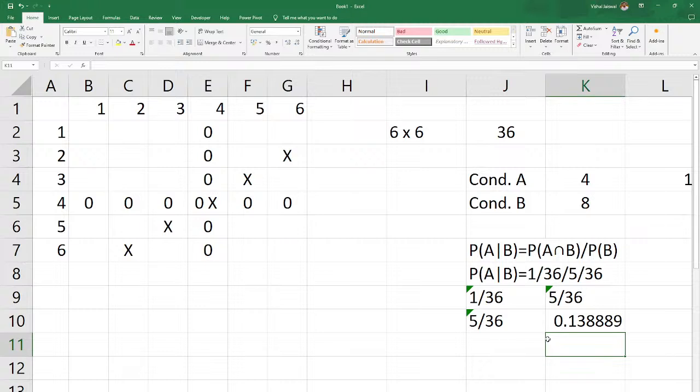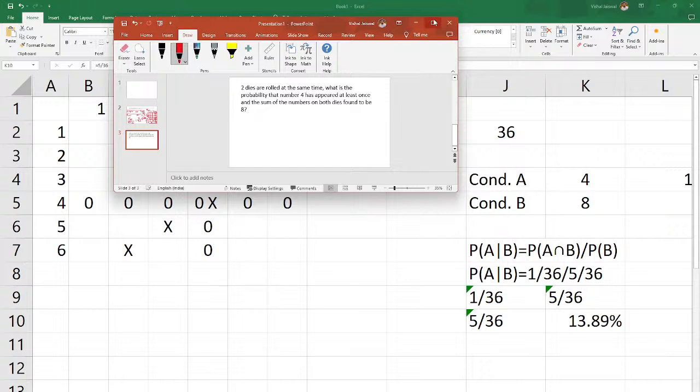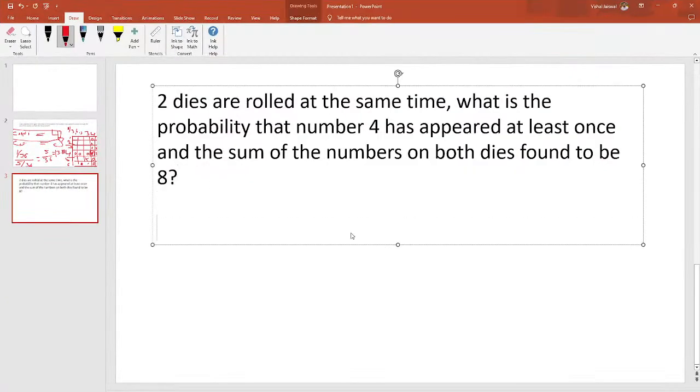I did not go into how to calculate with formulas and functions.